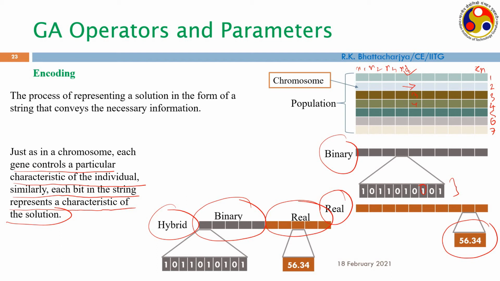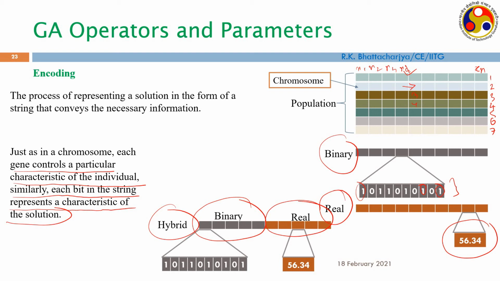The position is also important. If something is changed on the right hand side, the corresponding change in the real value will be very small, but if something is changed on the left hand side, the corresponding change in the real value will be very high. So not only the value but the position also matters. We'll discuss this in more detail.